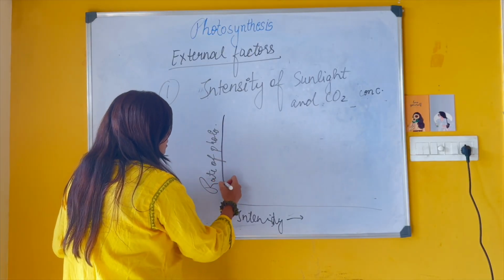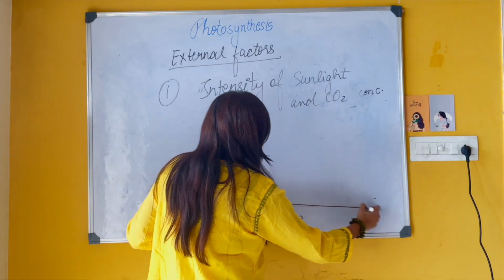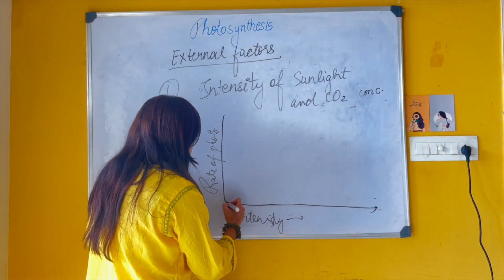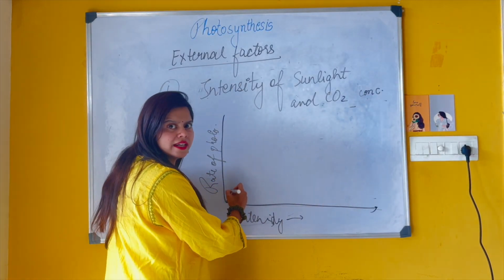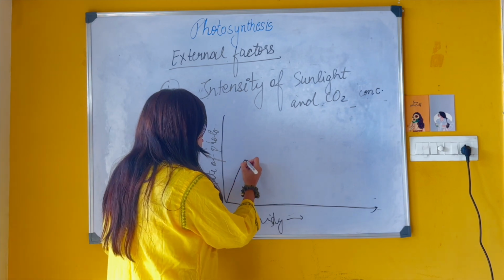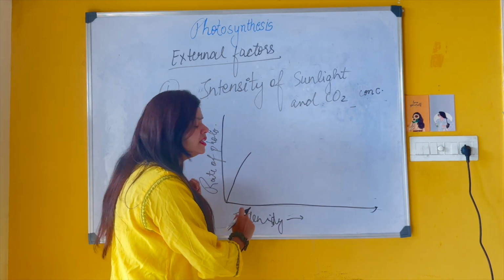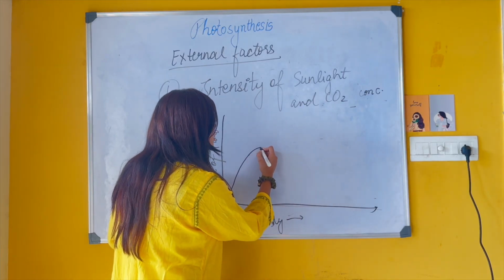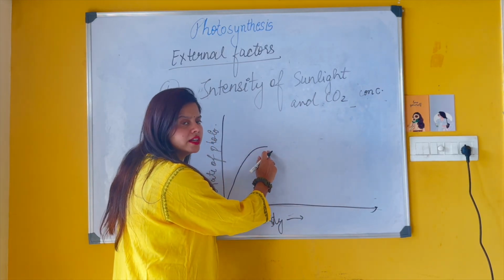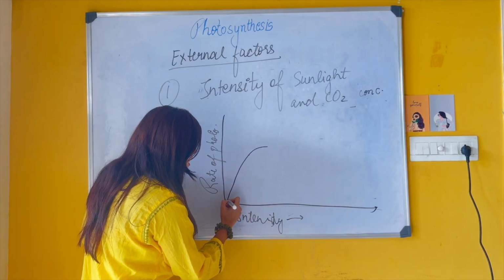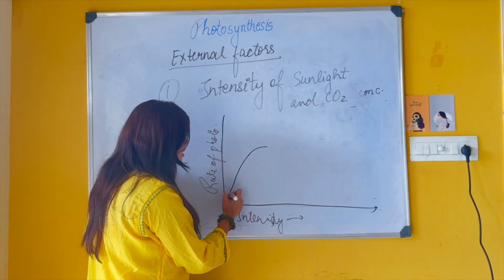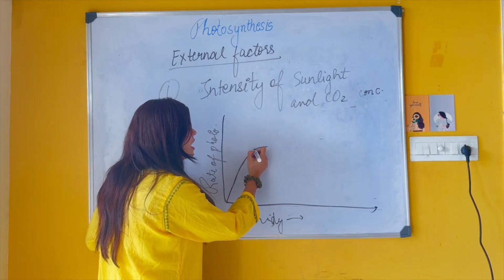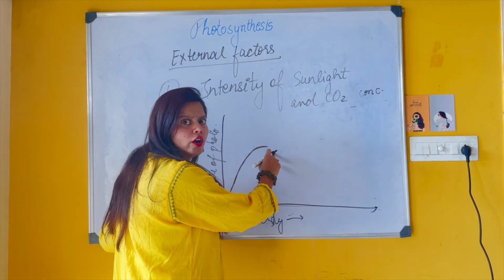Rate of photosynthesis, intensity of sunlight. As intensity of sunlight is increased, rate of photosynthesis increases with increase in intensity of sunlight. But at a point, it will become constant. After a point, it will become constant.